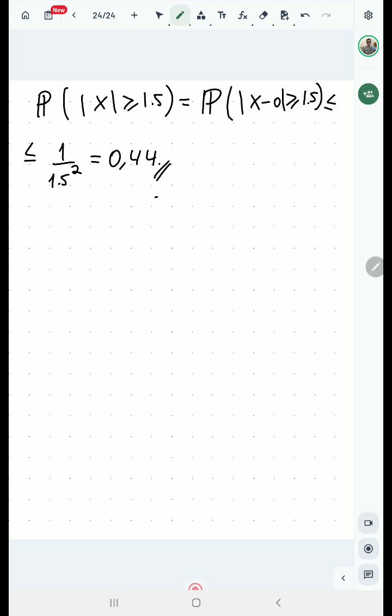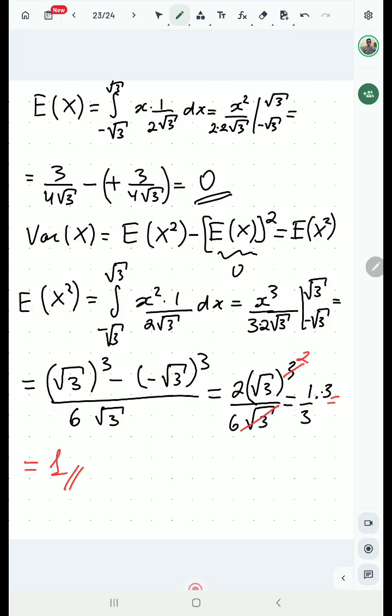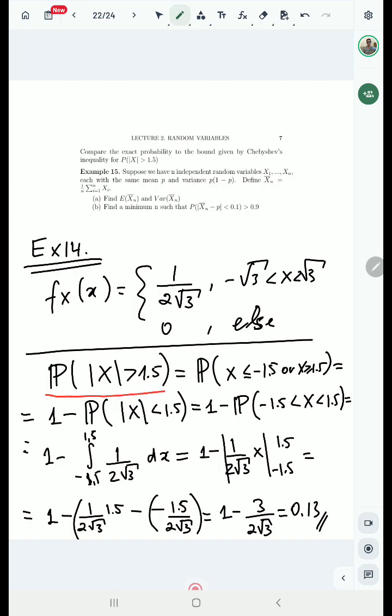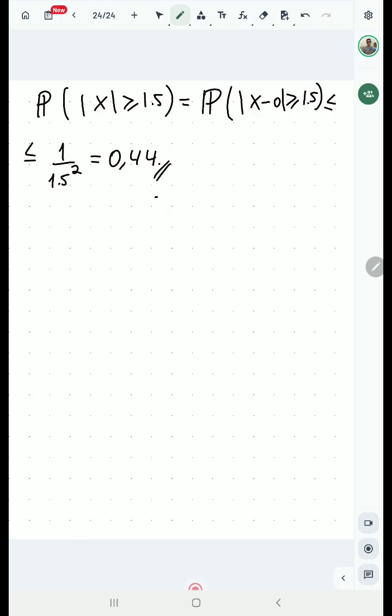So at most, this probability is going to be equal to 0.44, which is correct actually, because the exact probability is 0.13, and the upper bound, the maximum value of this probability, is equal to 0.44 by Chebyshev's inequality. Remember, Chebyshev's inequality tells you that the probability that x deviates from its mean by more than some k standard deviations is always less than or equal to 1 over k squared.